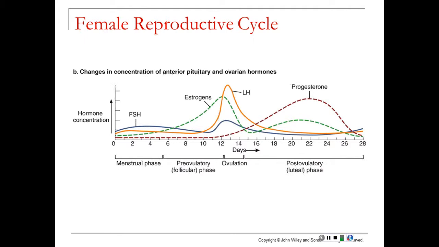So, changes in concentrations of the anterior pituitary and ovarian hormones throughout the cycle. If we look during menstruation up to day 5, all of our levels are relatively low. After menstruation, estrogen levels rise. Right before ovulation, you have a surge in LH.